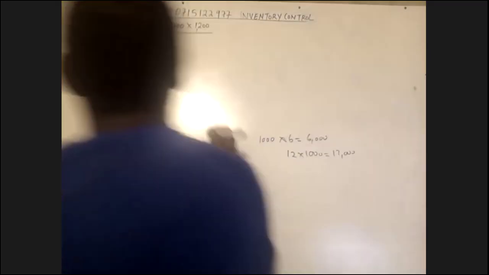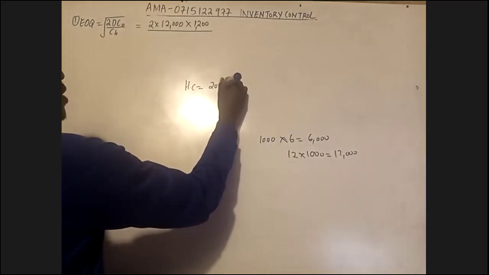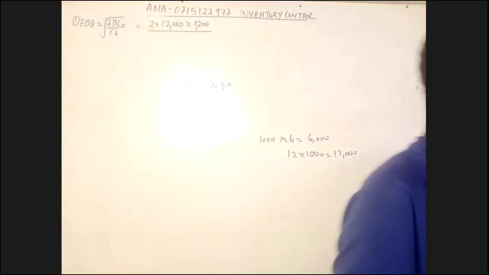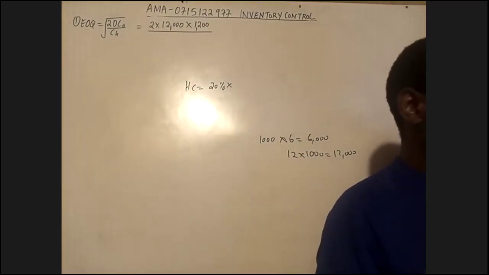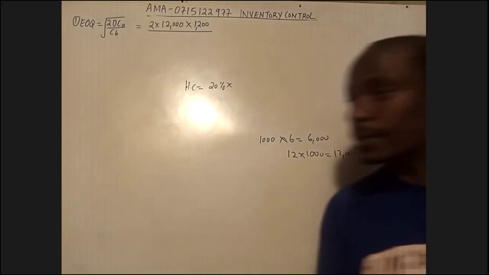To compute the holding cost, remember it is 12% of what? Of our purchase price. What's our purchase price? Information number 1: the purchase price per unit of X is 500.